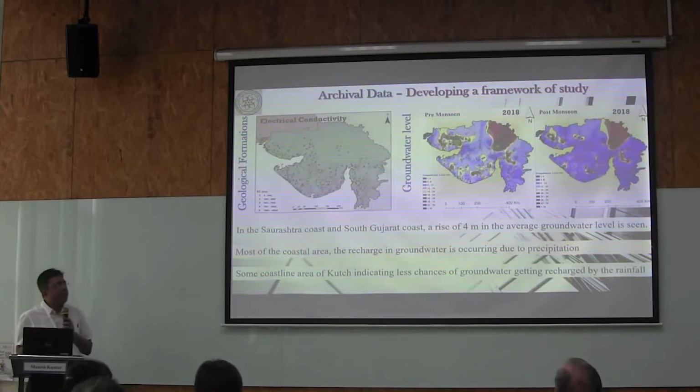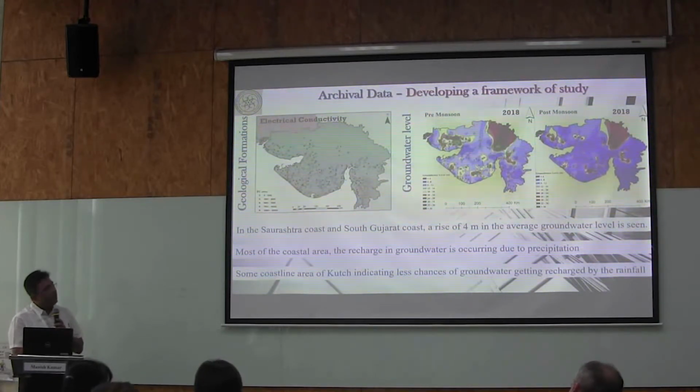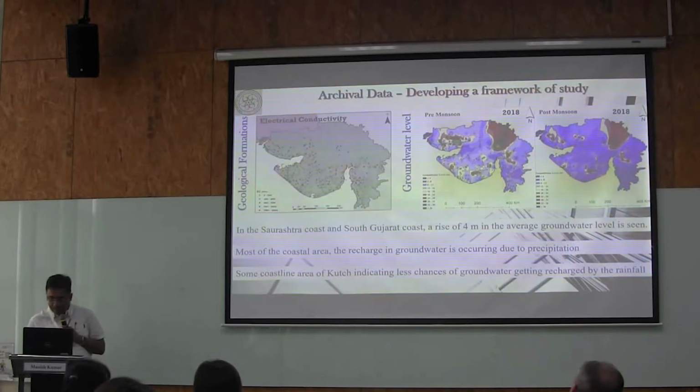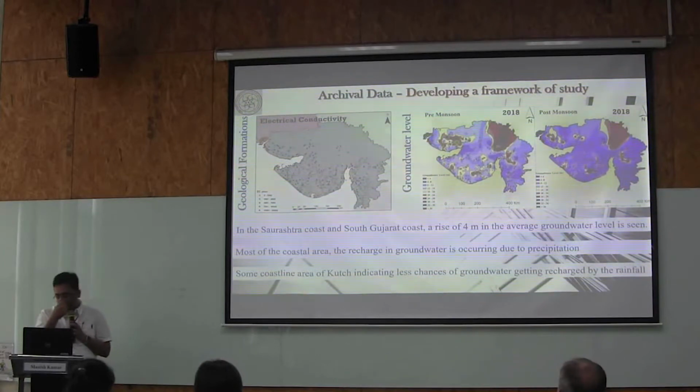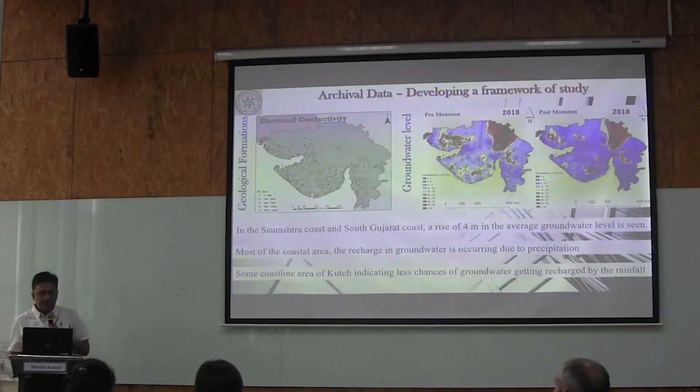We have seen that in South Gujarat more recharge happens, and in the north part we have a little less, and a bit more saltwater intrusion.